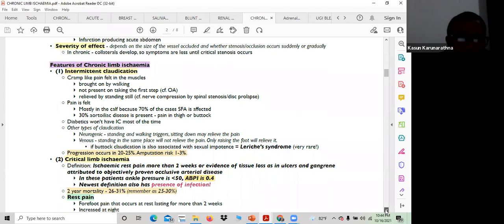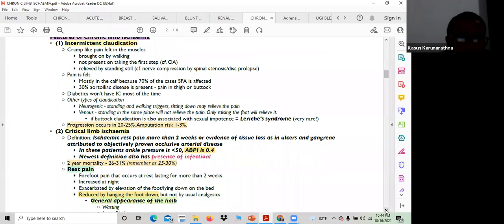Then it's reproducible, right? In neurogenic claudication, even standing and walking triggers pain from the first step. In venous claudication, standing at the same place won't relieve the pain because there's venous hypertension. Only raising the foot will relieve the pain, right?